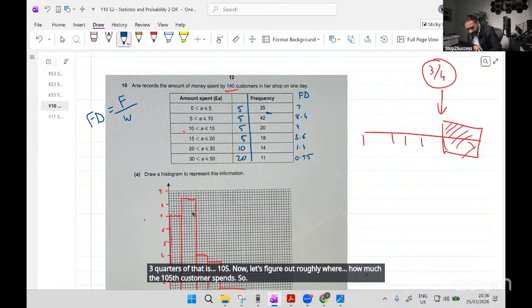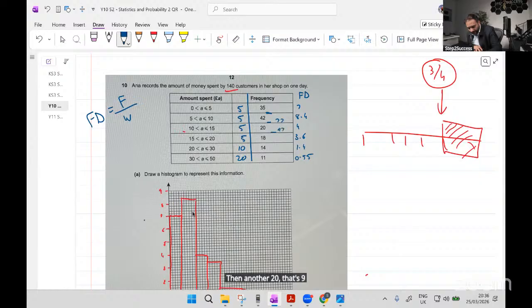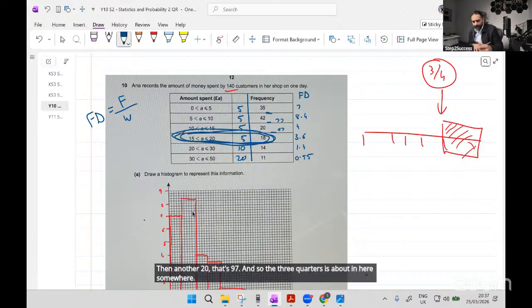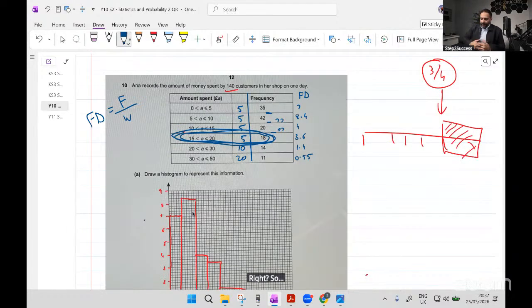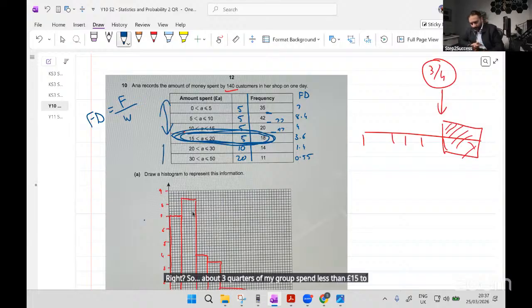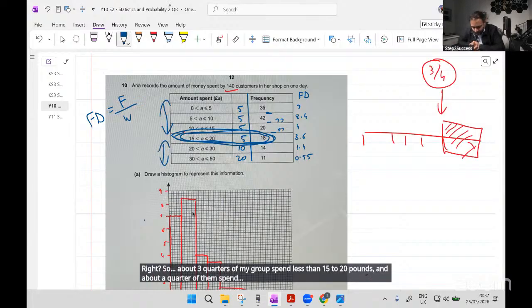So I've got 35 here and then 42, so that's 35, 77. Then another 20, that's 97. And so the three quarters is about in here somewhere, right? So about three quarters of my group spend less than 15 to 20 pounds, and about a quarter of them spend 20 to 30 or 20 to 50 pounds, right?